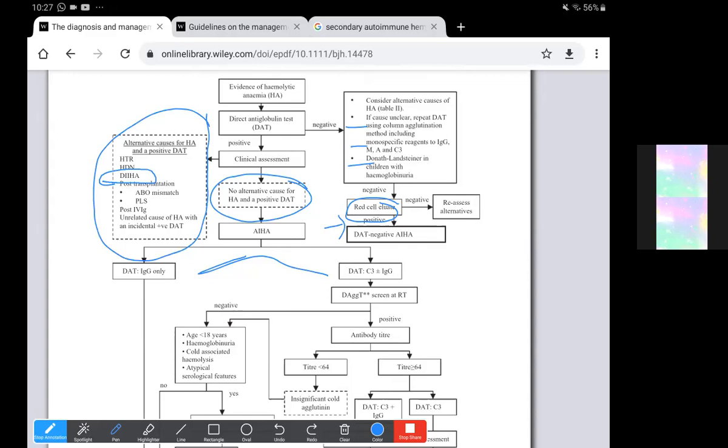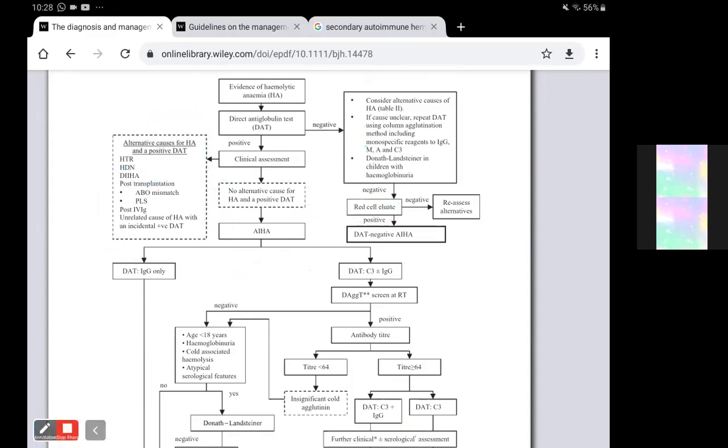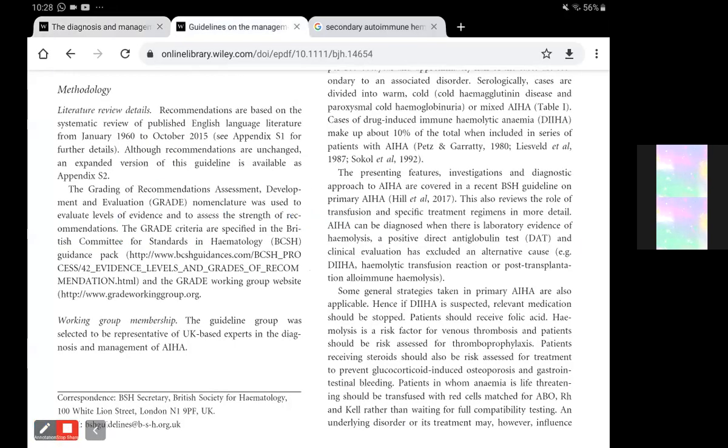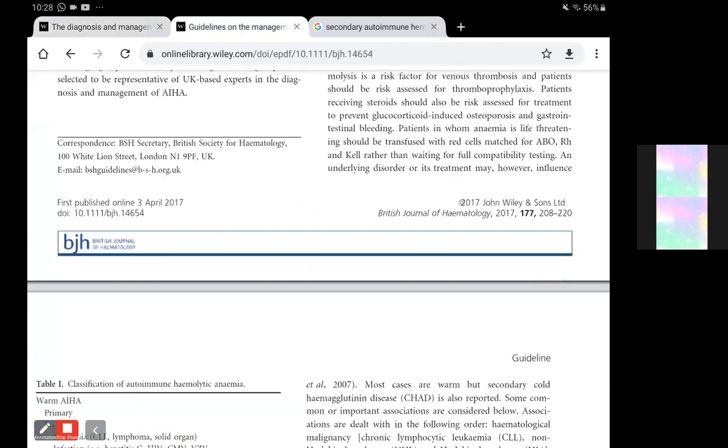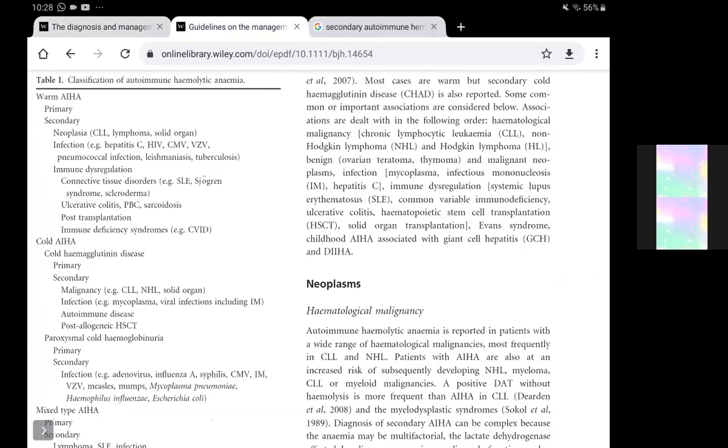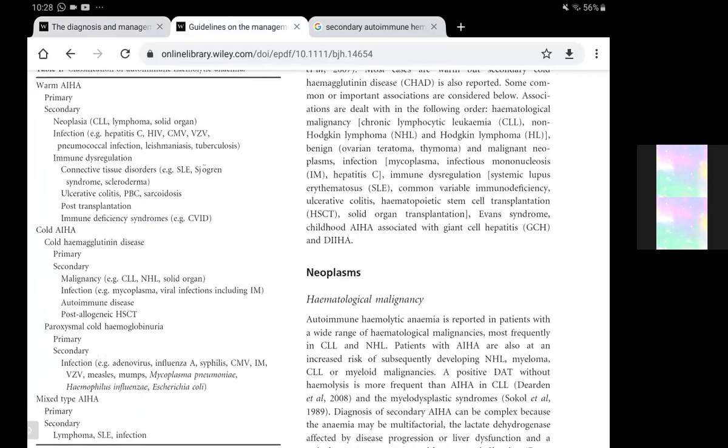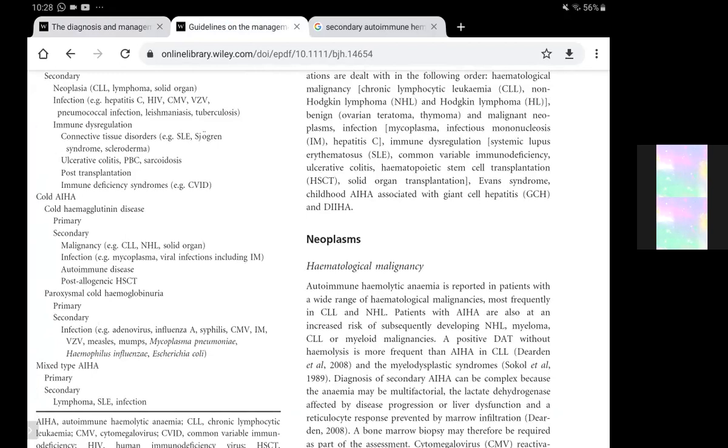And we'll go into detail about other sorts of anemias as well, in which infections, malignancies, and immune dysregulation are also causes of these autoimmune hemolytic anemias, as part of warm autoantibodies, and then also the treatment of the drug-induced.